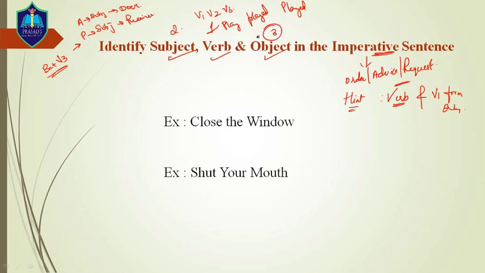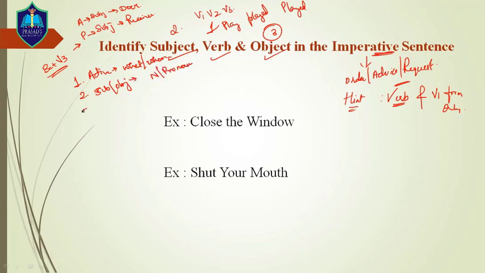How to identify the object? If the sentence is in active voice, we can identify the object with what or whom. The next rule was every subject or object should be either a noun or pronoun.